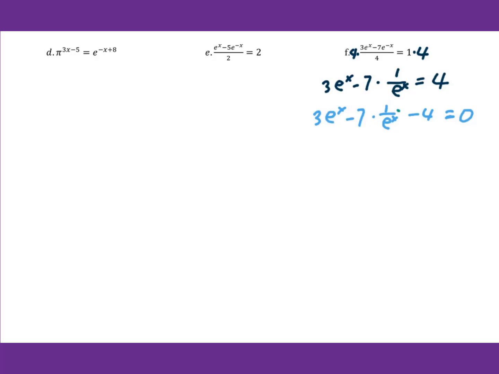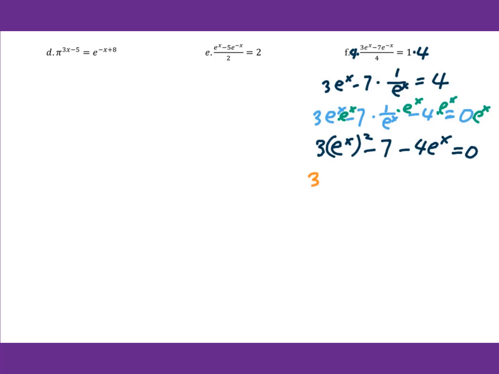Then we multiply by e to the x power for each term. You will get 3(e^x)^2 minus 7 minus 4e^x equals 0.